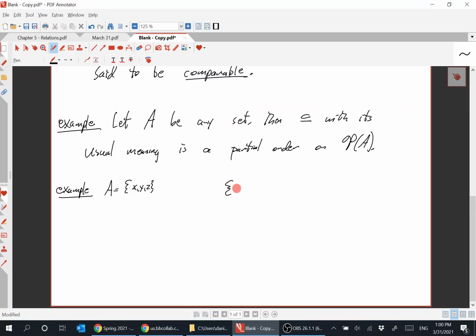We have the subset of order 3, subsets of order 2, {x, y}, {y, z}, and {x, z}, and then subsets of order 1: {z}, {x}, {y}, and then you've got the empty set. So the empty set is a subset of all of these.